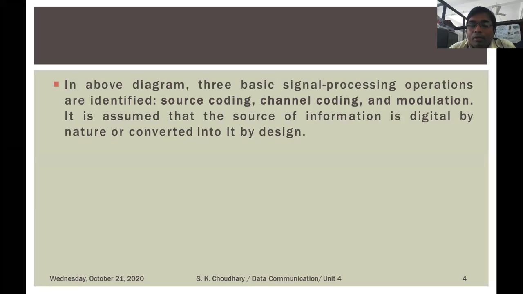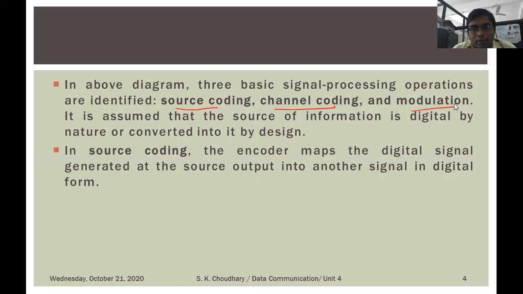In the above digital communication block diagram, 3 basic signal processing operations have been identified. You can already identify this. First one is the source coding, second one is channel coding, and third one is the modulation. You can assume that the source of information is digital by nature, or maybe converted into digital form by some electronic circuitry.